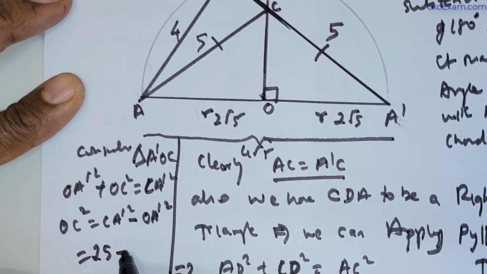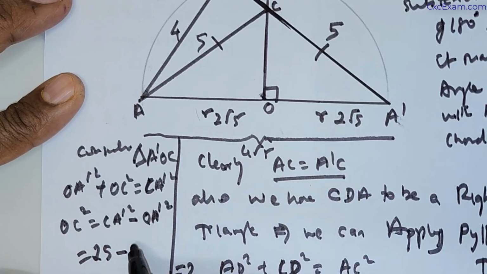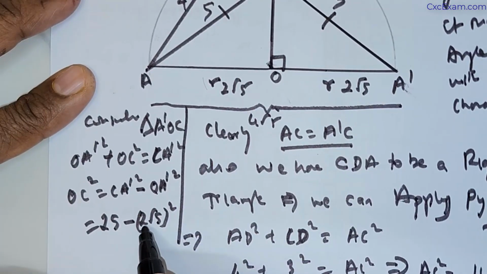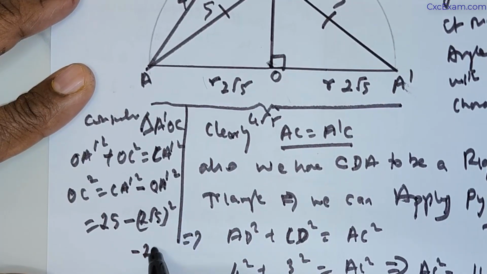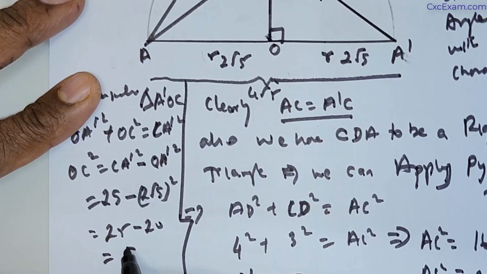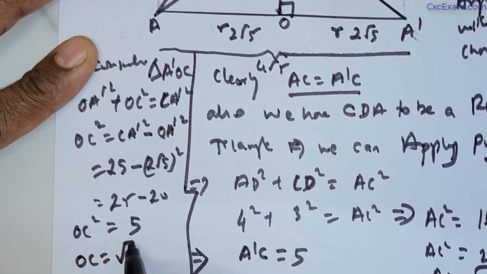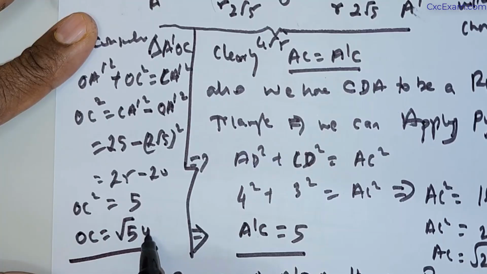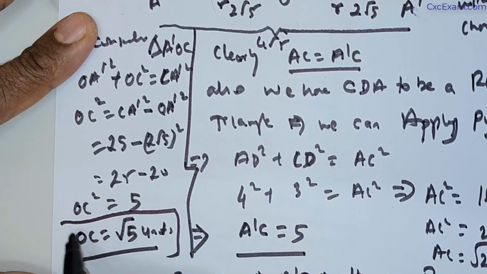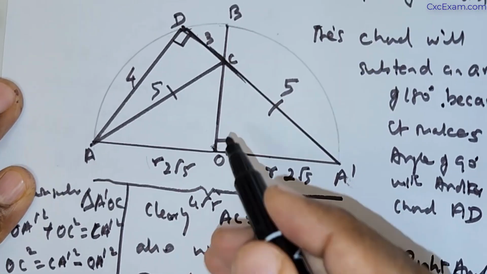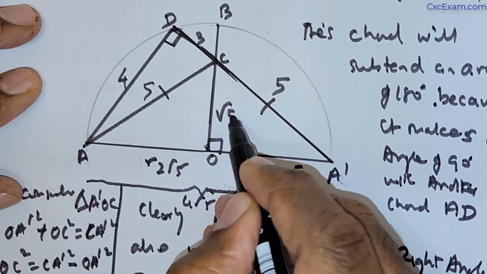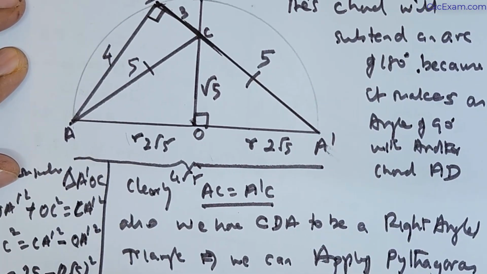So 25 minus 2 root 5 squared. So 4 times 5 is 20, and you have a 25, and this will give me 5. But this is OC squared, so I need OC. So OC is going to be root of 5 units. So that's the solution for this question. This distance is required, so root of 5 is the solution.